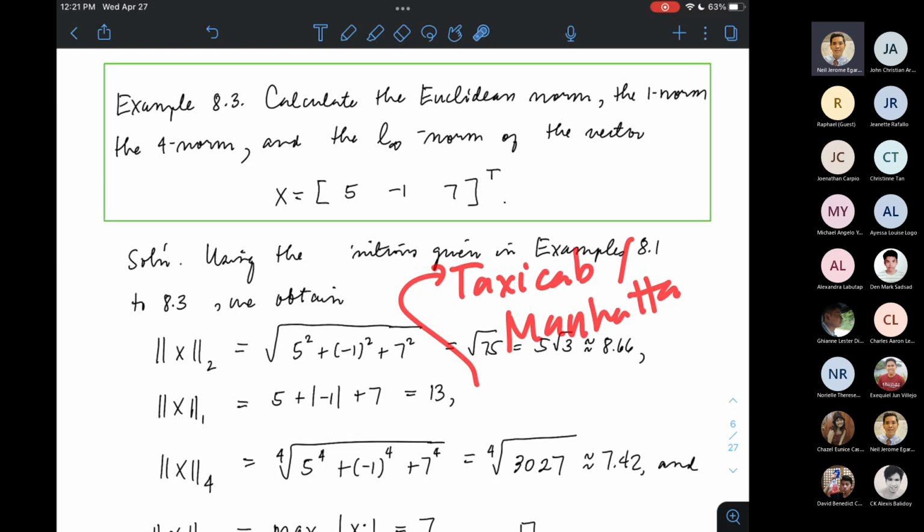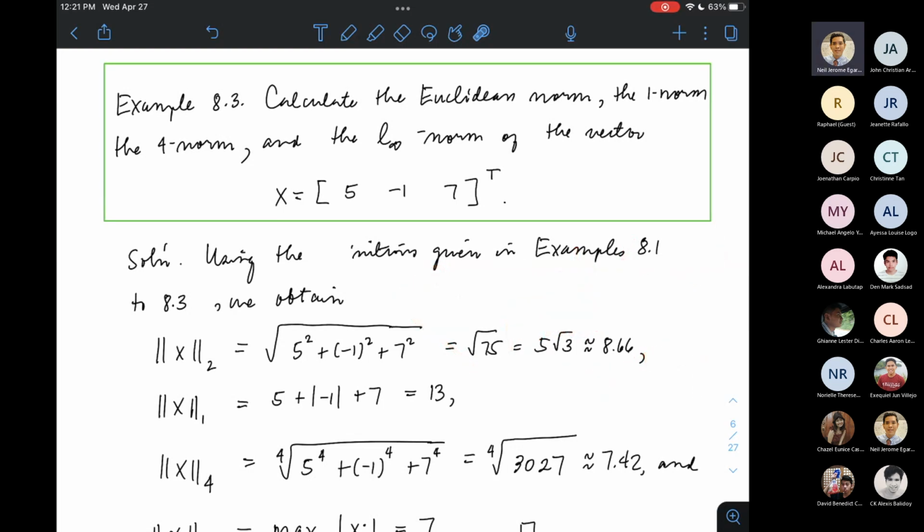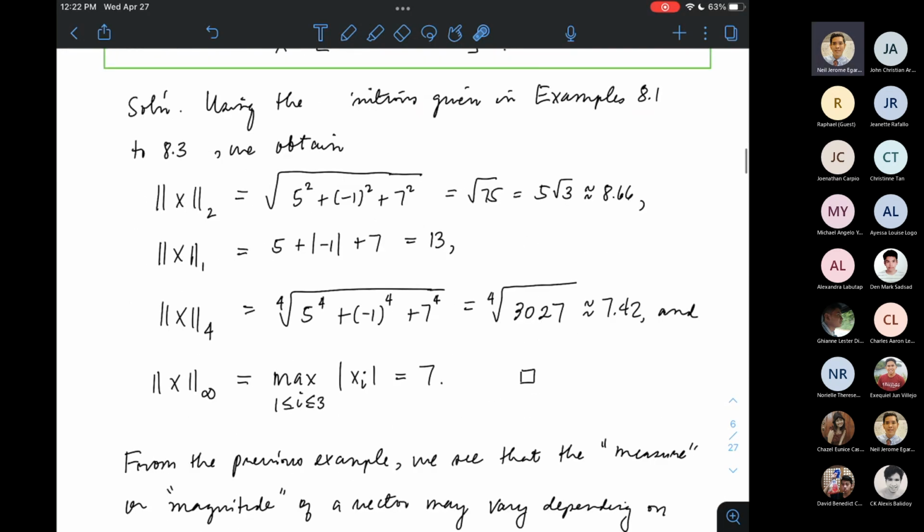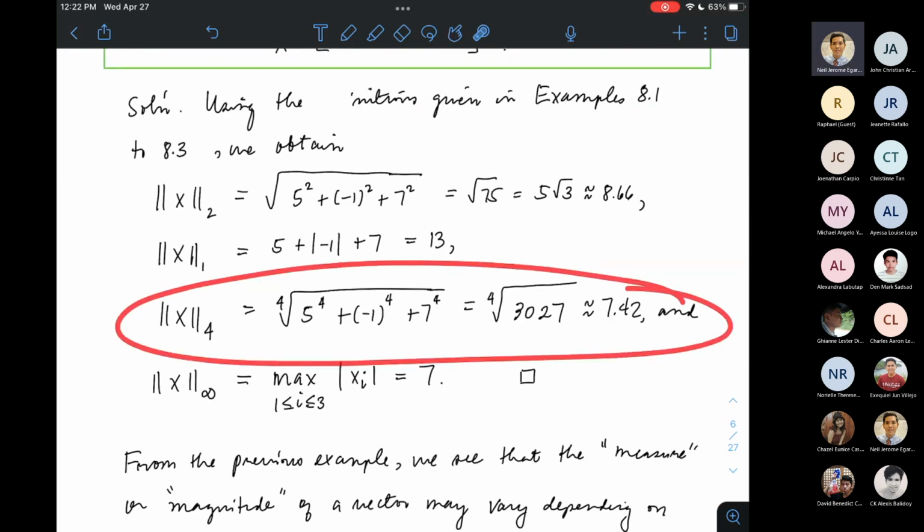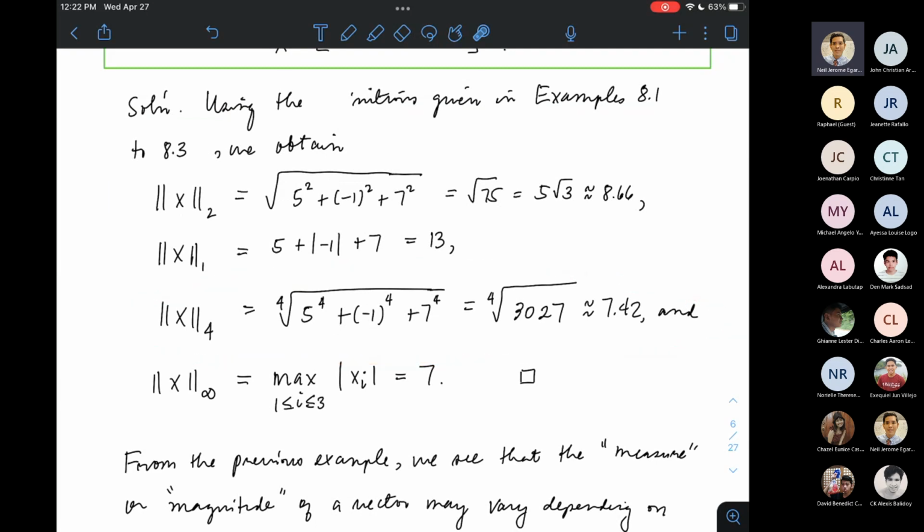Hindi ko pala siya na-note doon para meron tayong mas ibang tawag sa kanya. Okay? So, isa rin siya sa mga usual norms na kinukuha. Madali siyang i-compute kasi ang L1 norm lang naman ay yung sum ng mga absolute values ng mga entries. Okay? Tapos yung 4 norm, of course, I'll just use P equals 4 dun sa formula natin kanina. So I'll get the fourth root ng sum ng fourth powers ng mga absolute values.